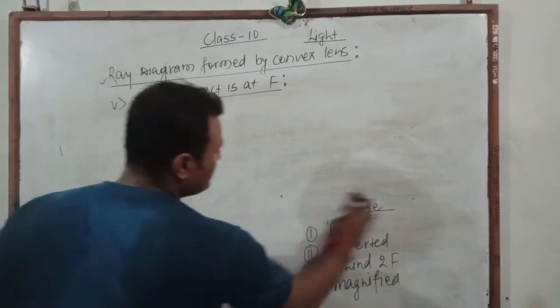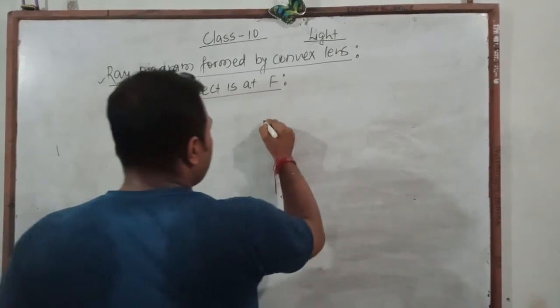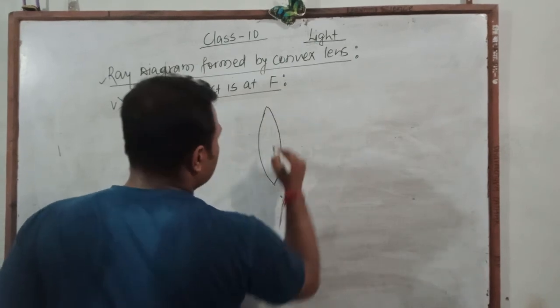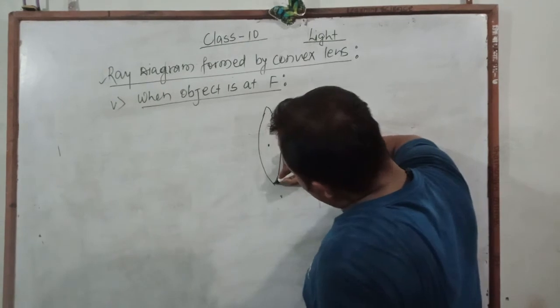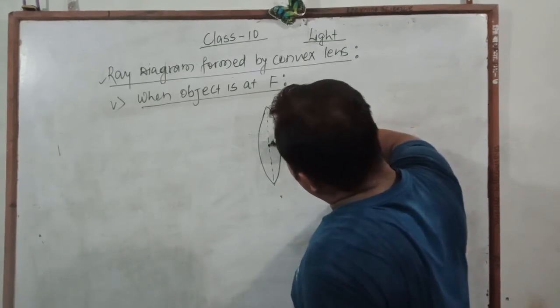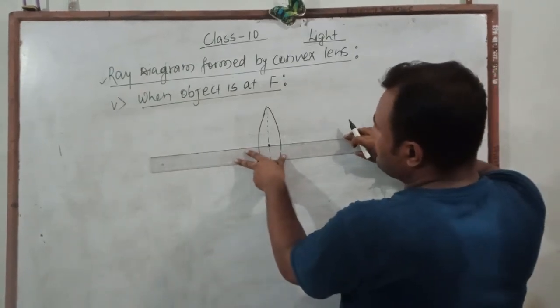And here, firstly we draw a convex lens as usual, and then we imagine the optical center which is on the axis of the lens, and then with the help of a scale we draw the principal axis.